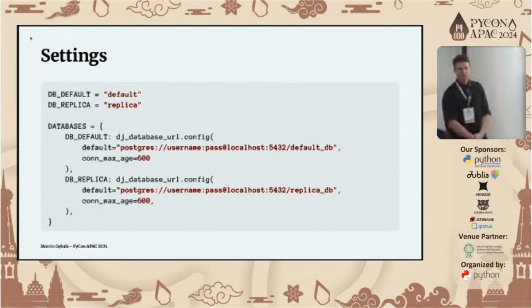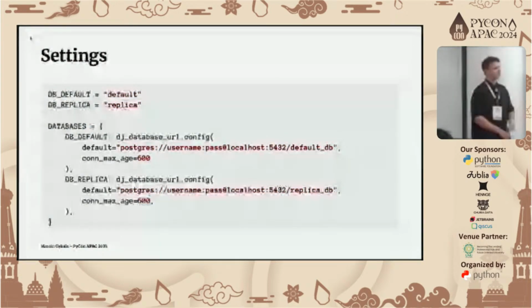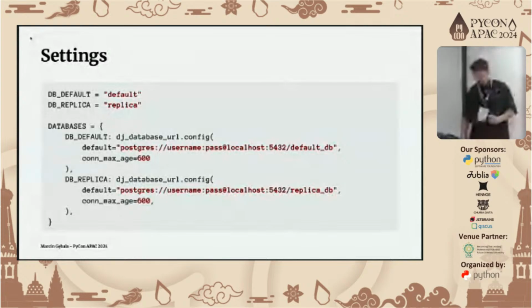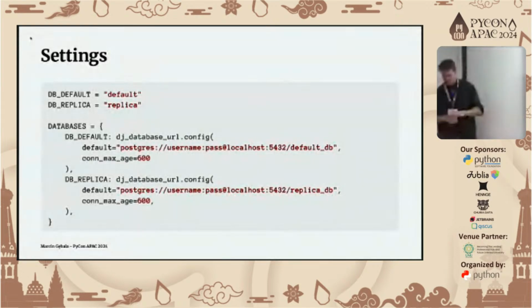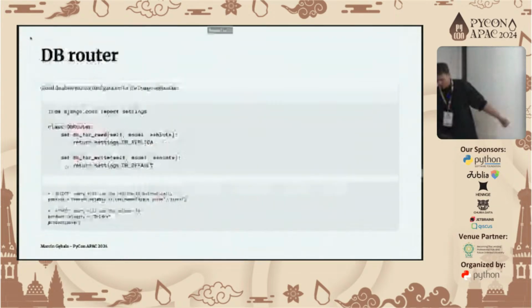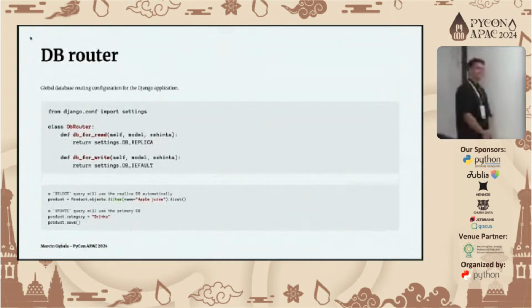One, the default database, is the primary one. This is used to write data. And this one is the replica, which will follow the first one. I'll skip the part where we configure it in Postgres because we don't have that much time. But assuming that we have this already configured, that would be our settings.py. Next, in order to use that in your code, you have a few different options.